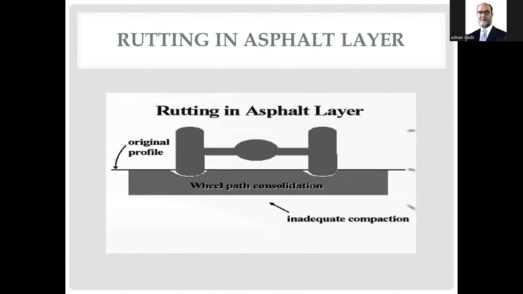We take the core out and we compare it with the density. But again, this failure is in the asphaltic layer. This layer has to be removed. So whether poor workmanship or poor selection of material or poor construction technique may have caused this, anyhow, you need to get rid of this.